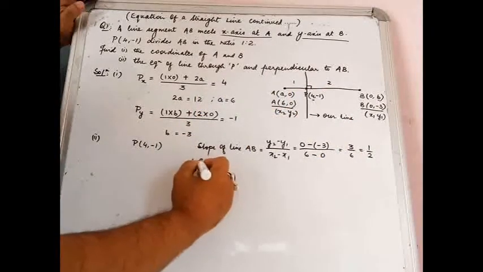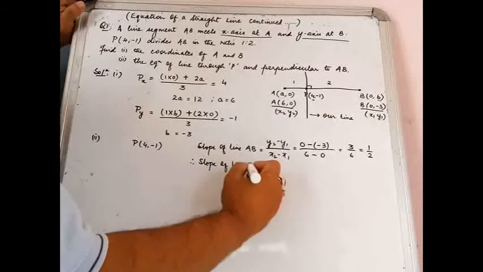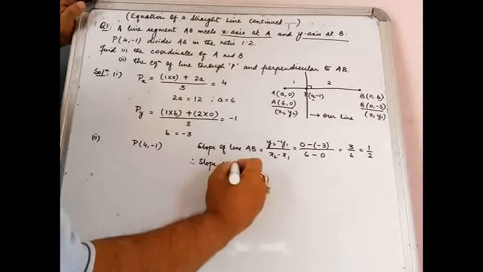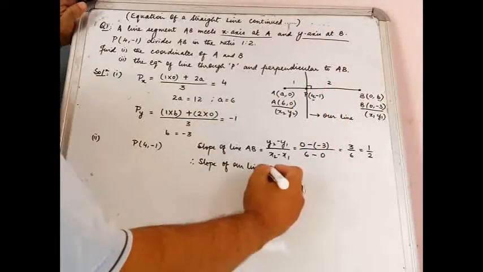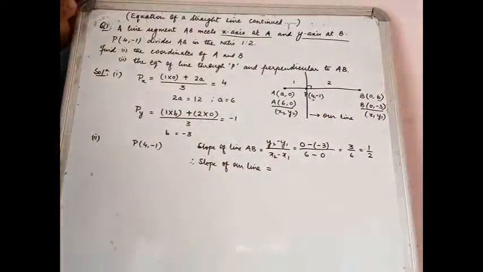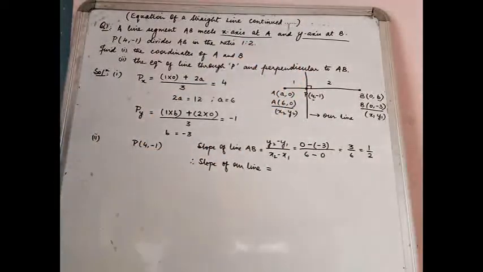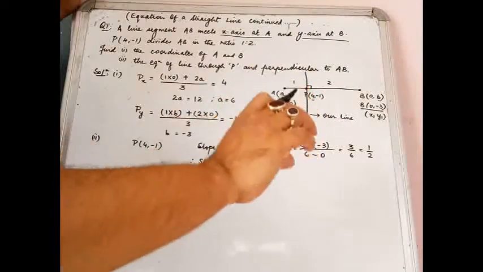Therefore, the slope of our line, which is this line, will be how much? Apply the perpendicularity law. What is that rule? Whenever two lines are perpendicular to each other, their slopes are reciprocal with an opposite sign.